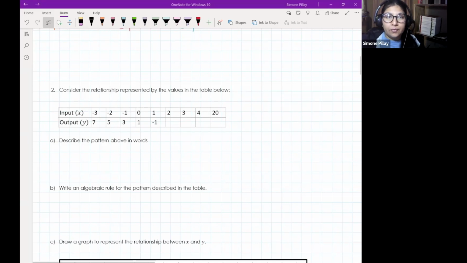Ma'am, when I figured out the y values, I figured out the difference between 7 and 5 is -2. Then I went again and said 5 minus 2, and the difference was still -2.